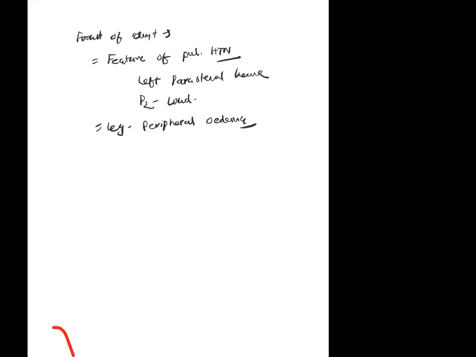Here the main key is that we have to avoid the scapula. So we will ask the patient to hold the opposite shoulder in cross hand. Then it will shift the scapula laterally.